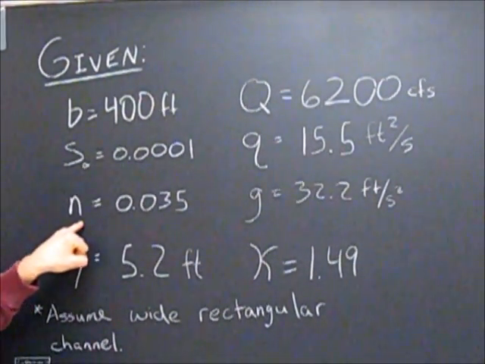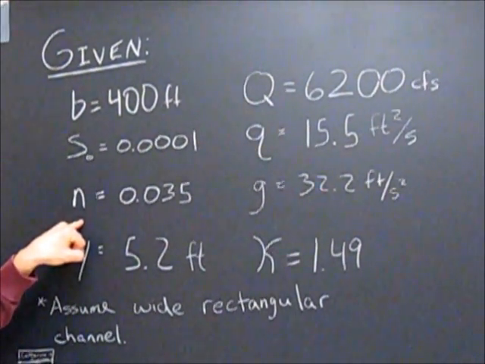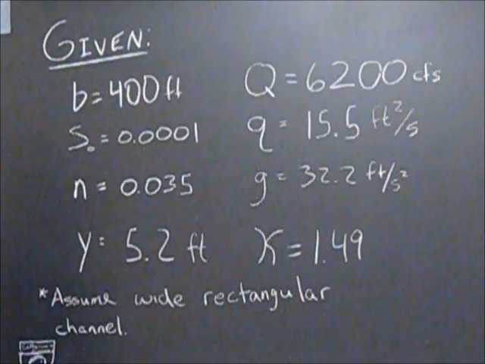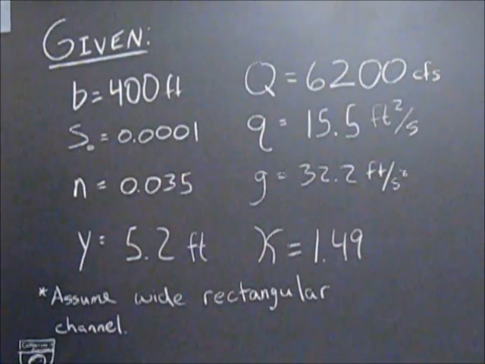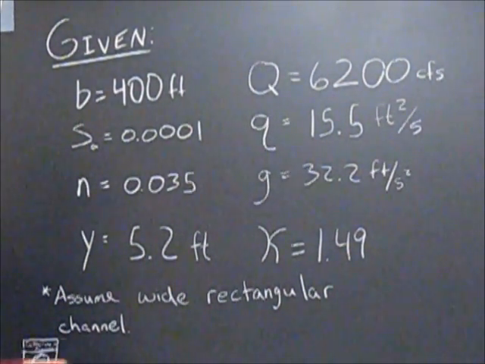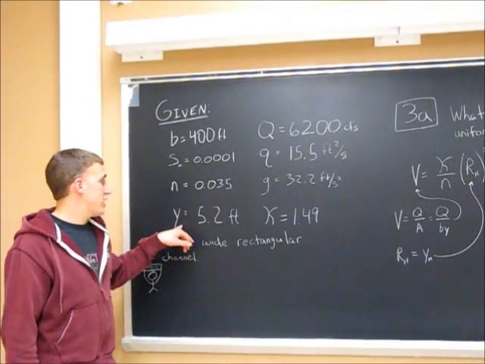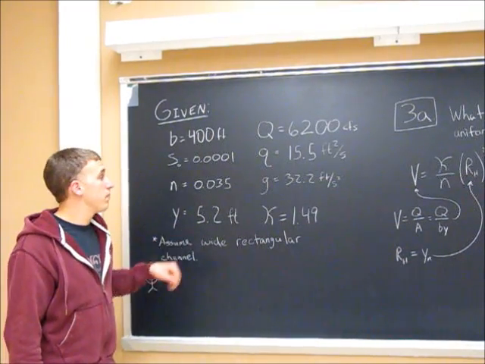N is for Manning's equation, and it comes from table 10.1. It's actually from the classification for major natural channels and major rivers. Y is 5.2. It's also from the USGS website. That's the actual depth of the river.